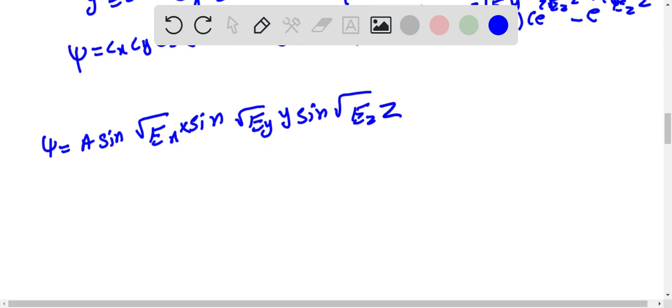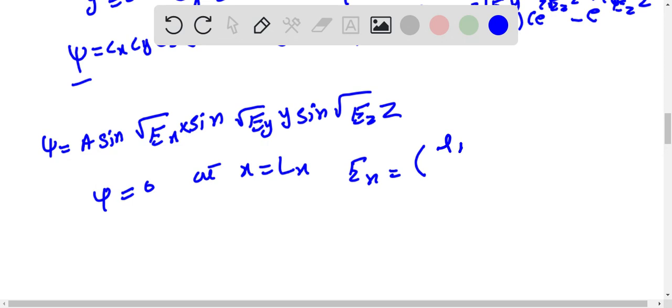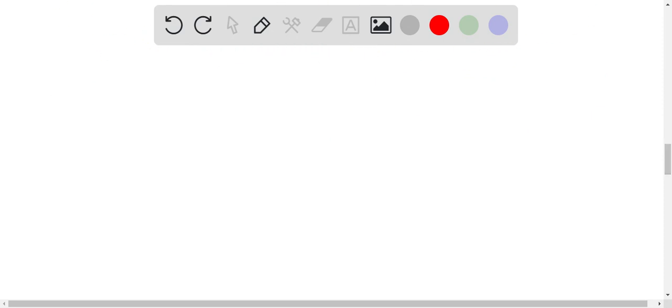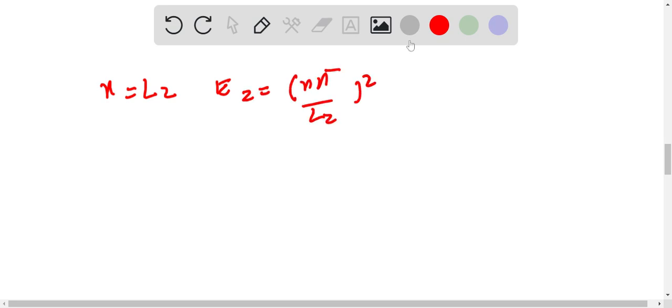And using the above expression for the boundary condition, which is psi equal to 0 at x is equal to Lx, it gives us Ex is equal to l pi over Lx whole square, right? And by the above boundary conditions, which is z is equal to Lz, this gives us Ez is equal to n pi over Lz whole square, right?